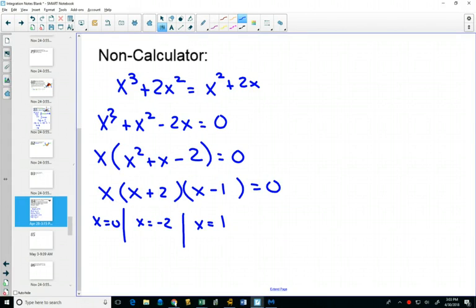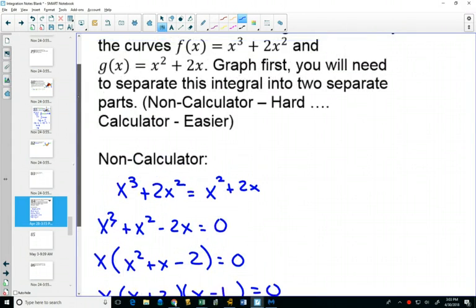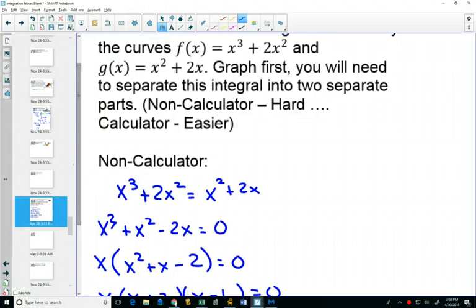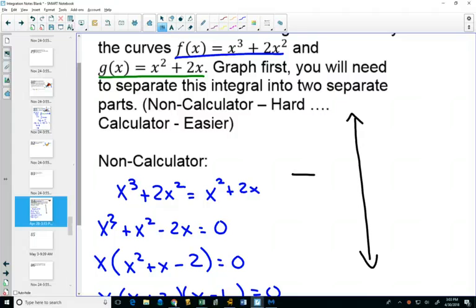Now I'm going to color code my graphs. I'm going to go f of x in blue, g of x in green. And I'm going to draw a little bit more accurate graph than we have in the past in this situation.